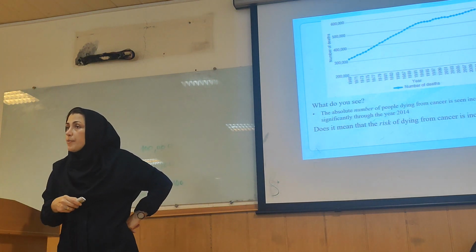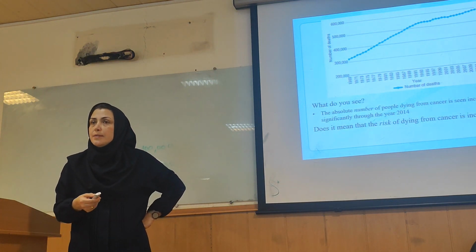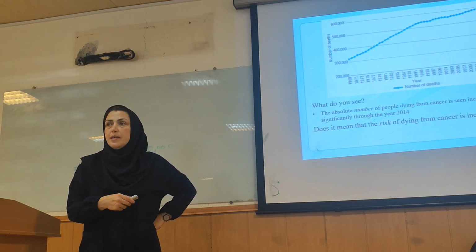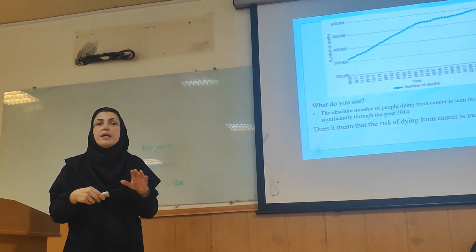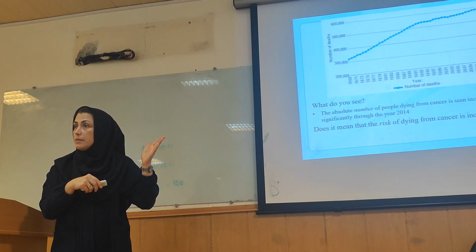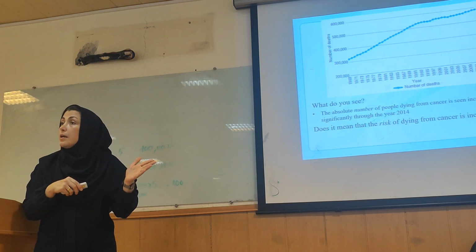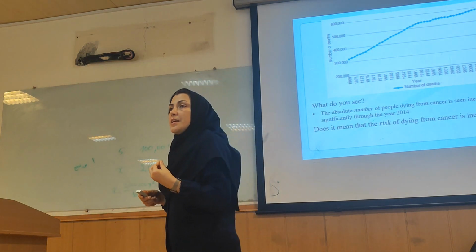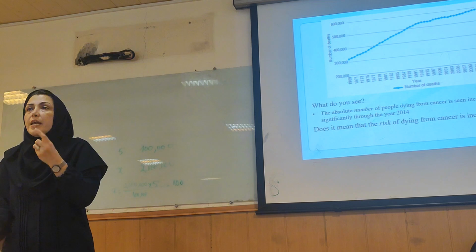If the total population is also doubled, the rate is stable. But if the total number of population is not changed, the risk is doubled. So this should be a condition. Why? Yes. You cannot say anything about the risk of dying.